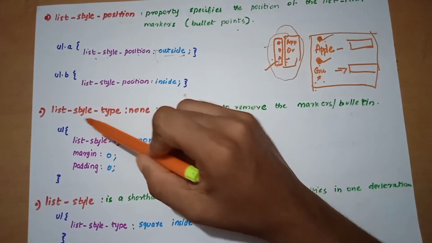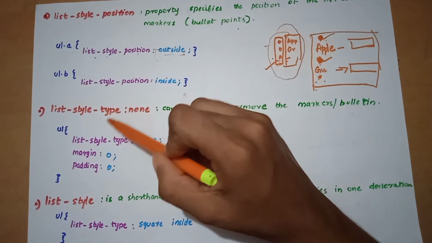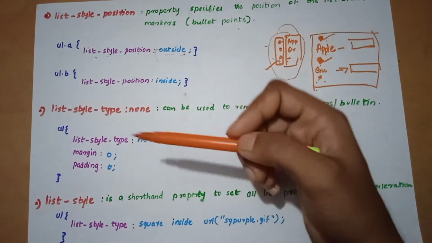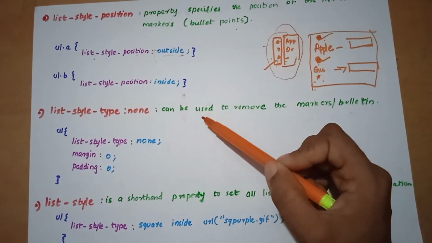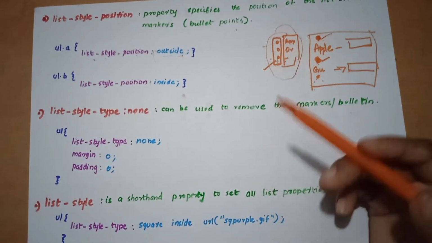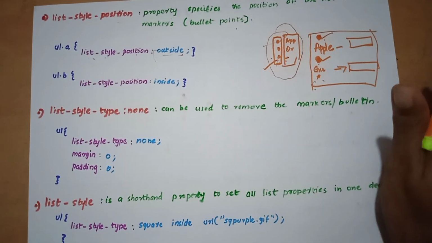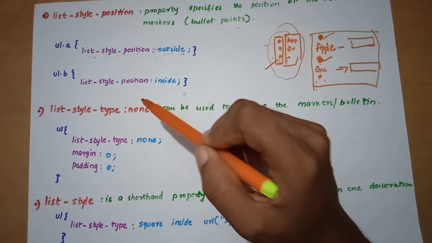The next one is list-style-type equal to none. As we already covered the different types of list item markers, when we use none as the value, what can happen? It can be used to remove the markers and bullets. Sometimes we don't need these kinds of bullets and markers. So all you have to do is write list-style-type as none.